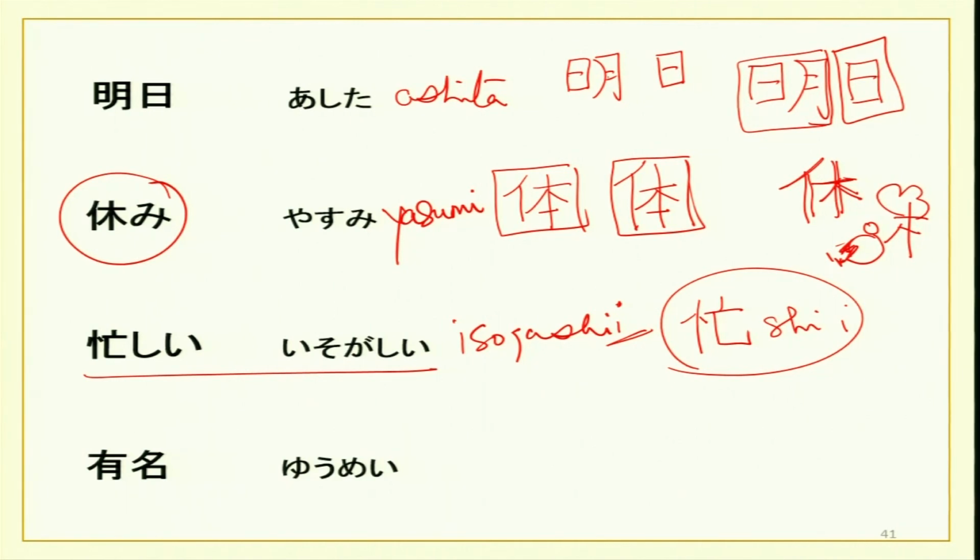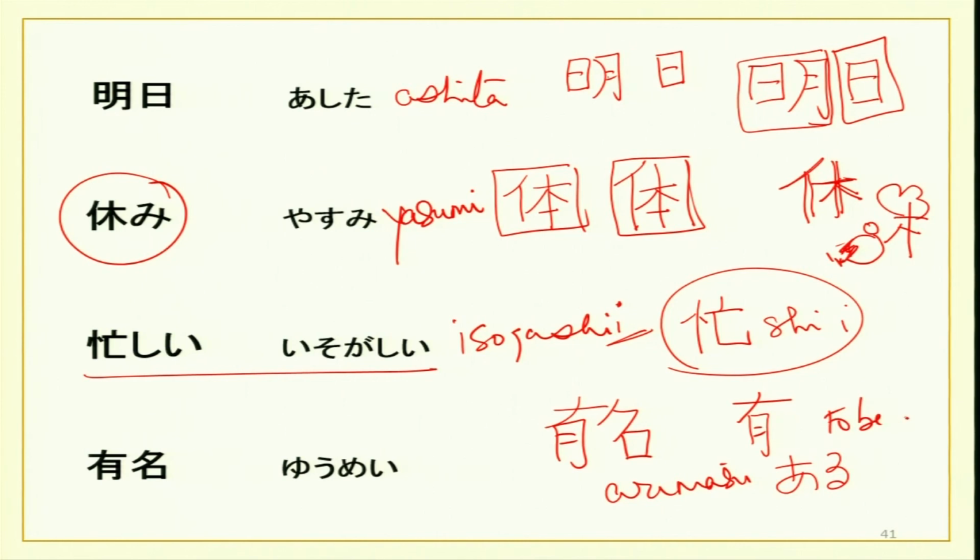Then we have Yume. So, Yume is famous. Now, this character also means aru, arimasu, to be, and word with arimasu is yume.